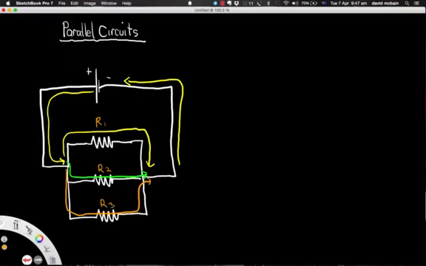Now, the next thing we need to be aware of is one of the rules of parallel circuits. Remember that we said that in any given series circuit, the current everywhere in the circuit must be the same. So in any given series circuit, that's a single circuit, single loop, the current everywhere in that loop must be the same. But this is not a single series circuit.